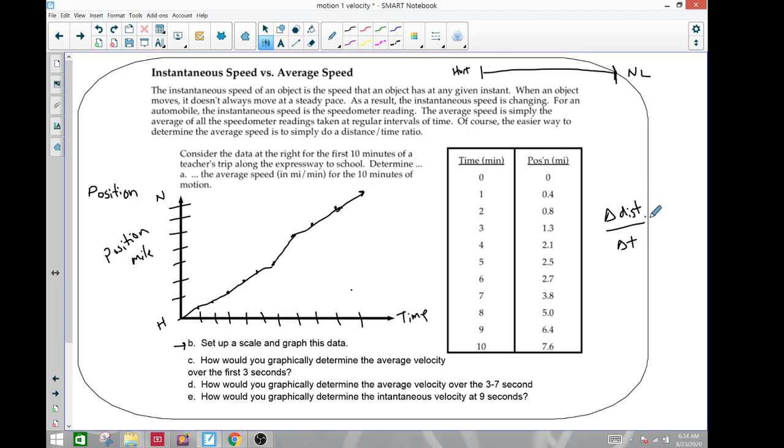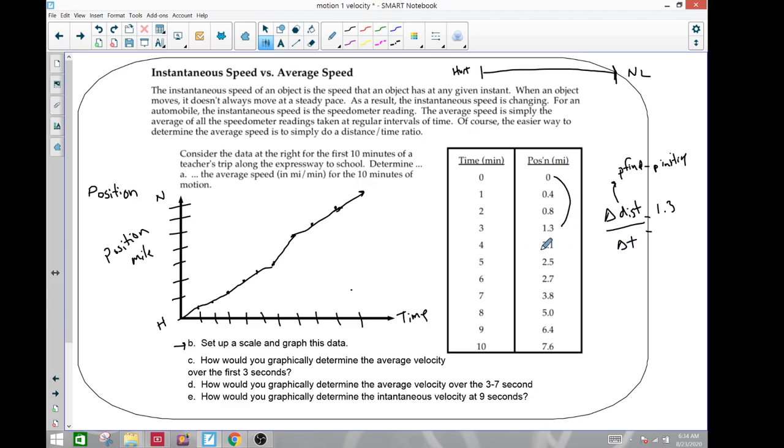So if you wanted to mathematically calculate this, in the first 3 seconds we traveled from 0 to 1.3. So change in distance would be the position final minus your position initial. And my position initial is 0, so my net difference from here to here is just 1.3.